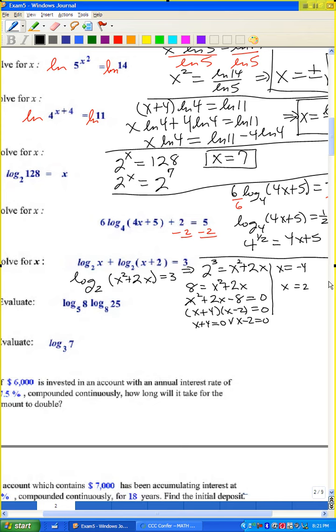If x were equal to negative 4, then I'd be taking the log of a negative number, so I can't do that. So that's extraneous. I can take the log of 2. 2 plus 2 is 4. I can take the log of 4. And so that is not extraneous.